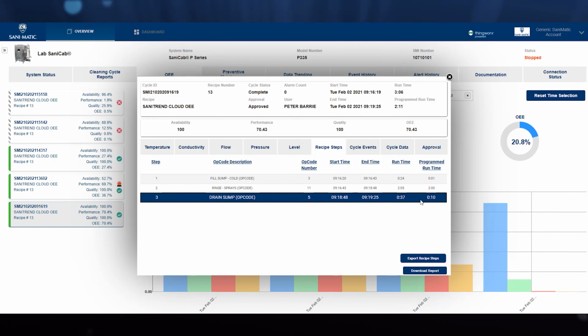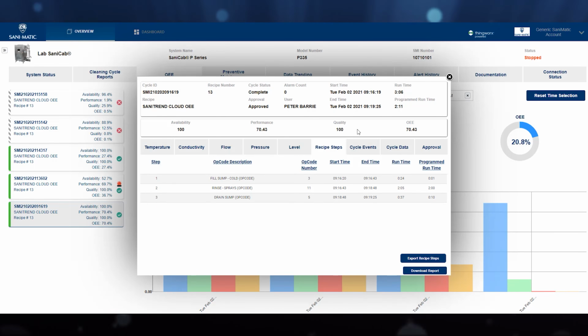And then the drain sump, so we drain for about 40 seconds. So we program in just enough time to, after we see that water level drop to where we can't read anymore, get those final volume of water out of the system. So 70 is our baseline performance. Quality 100, availability should be 100.